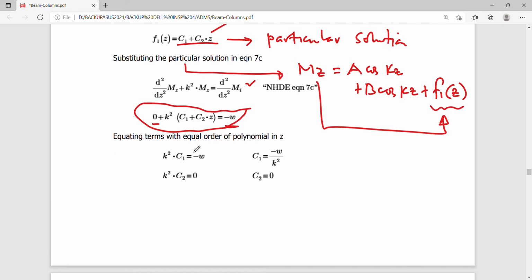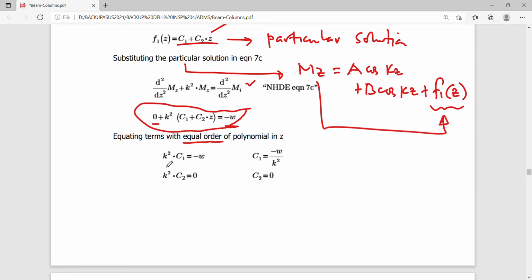So equating terms with equal order of the polynomial, meaning to say that when you have an equation such as this, wherein there are a lot of coefficients which are unknown, we simply make use of pairing those terms that have the same power or equal order of the polynomial in Z. So this is a 0 degree polynomial in Z. So we equate C1 to negative.